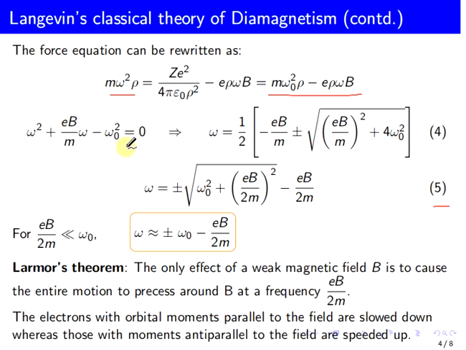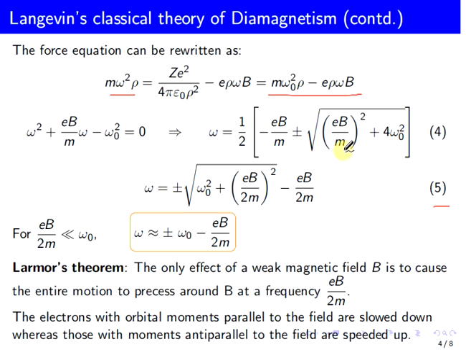This is a quadratic equation, and the solution is in the form of minus b plus or minus square root of b square minus 4ac by 2a. So this equation becomes 1 by 2 into minus EB by m plus or minus square root of (EB by m) all square plus 4 omega 0 square.